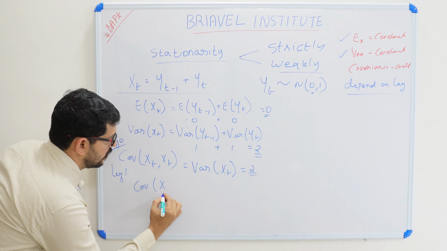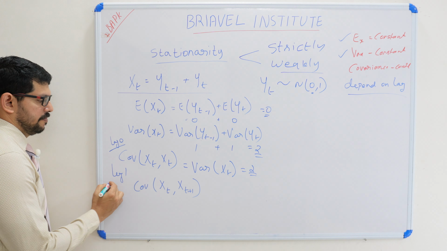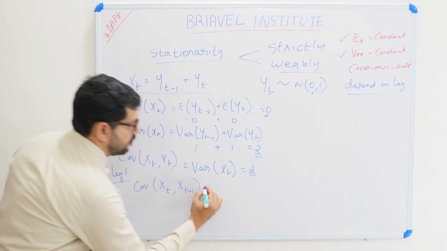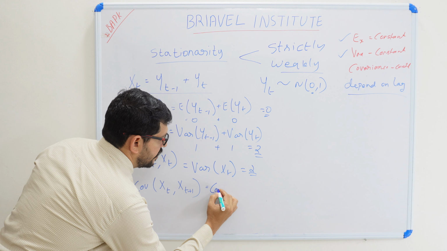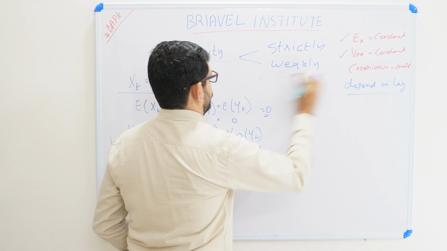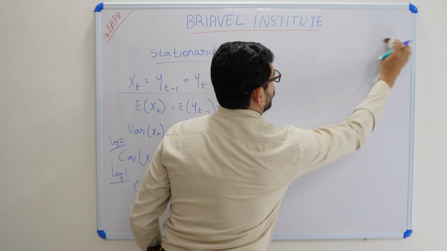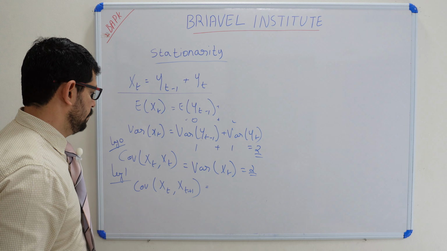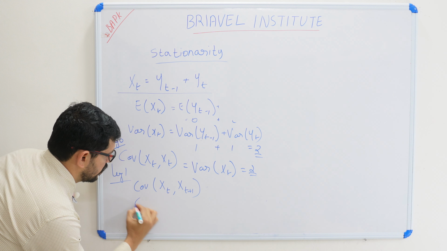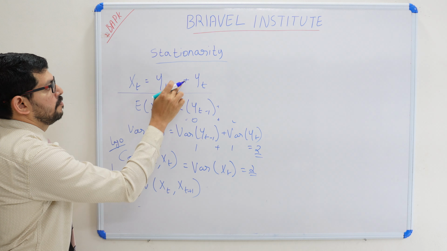The covariance of S(t) compared with S(t+1). How can we write the covariance at lag 1? First, S(t) is Y(t-1) plus Y(t).